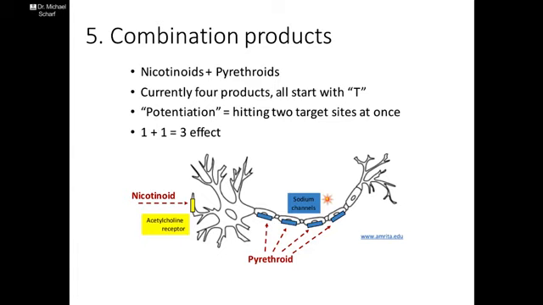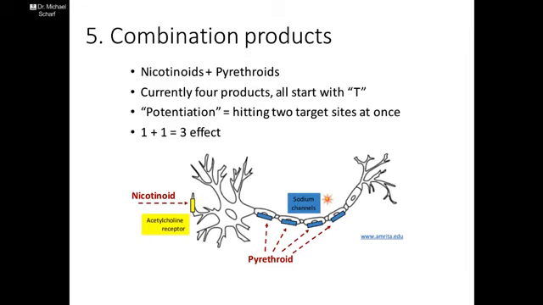So that was our combination products. And remember, I mentioned there are 5 kinds of neurologically active products out there, and I just went through those. Those affect sodium channels, chloride channels, acetylcholine transmission, the acetylcholinesterase enzyme, and then our combination products.